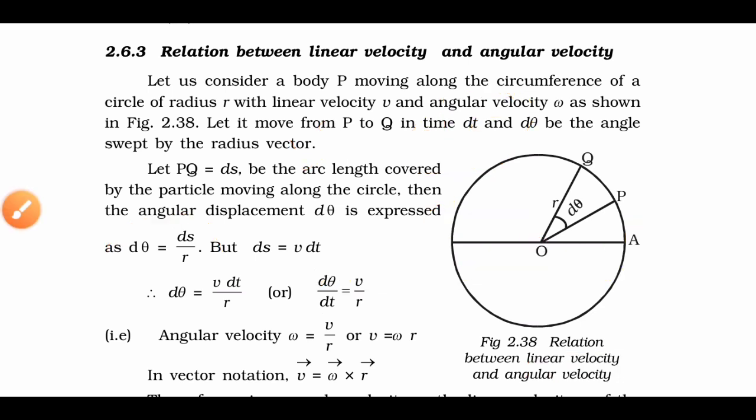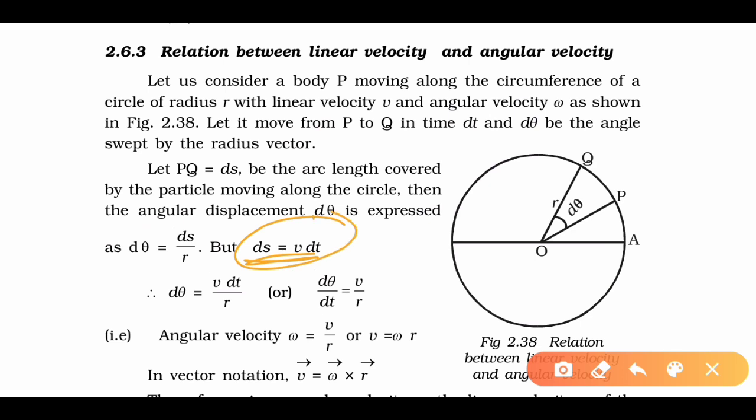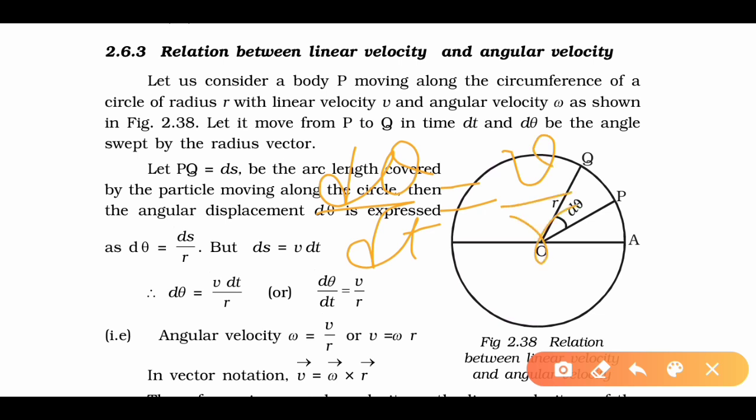We replace this value in the equation, so d theta will be equal to v dt upon r, or after cross multiplying dt we get d theta upon dt equals v upon r.